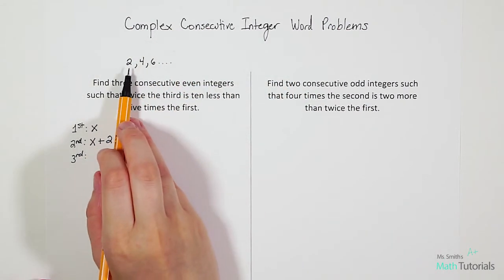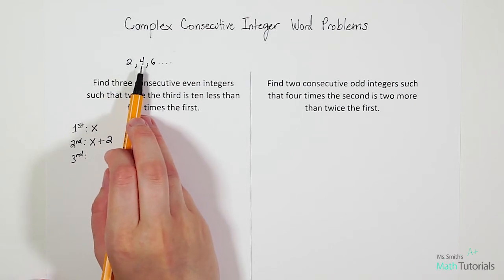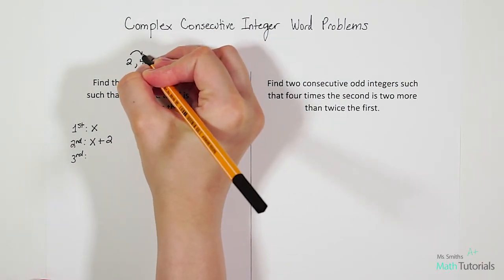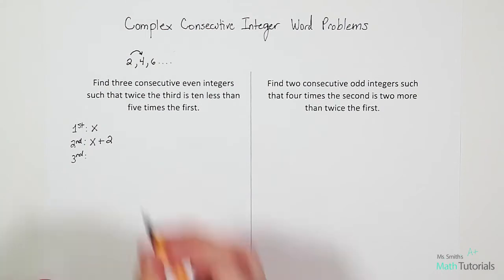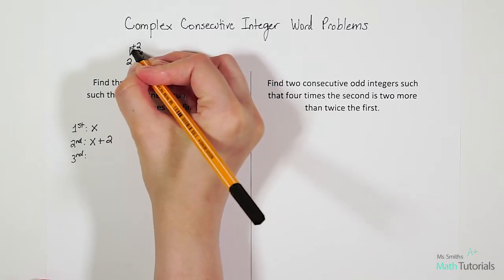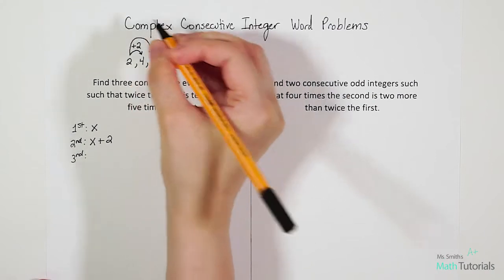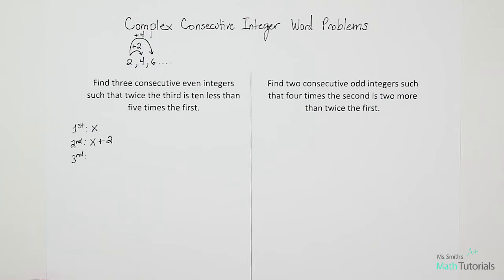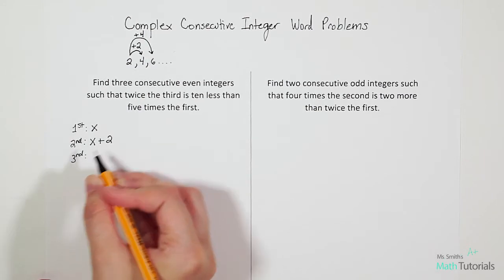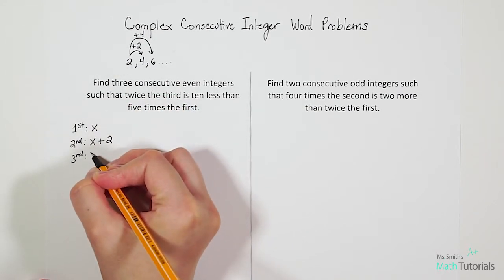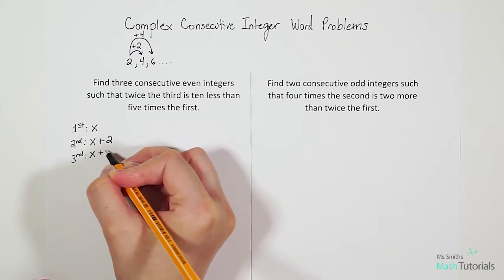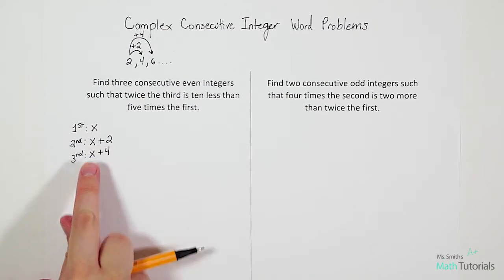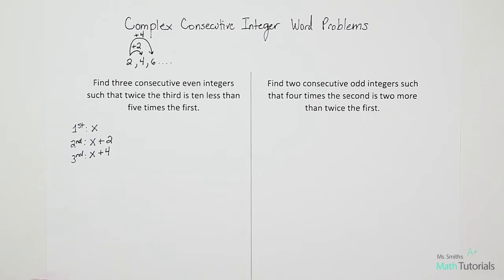So how would I get from the number 2 to the number 4? How many did we add? We added 2. And then how many would it take to get from 2 to 6? Well, we would have to add 4. So that tells us what our third number would be. We start back at the first number of just x, and we're going to add 4 to it. That will give us the next even consecutive number.